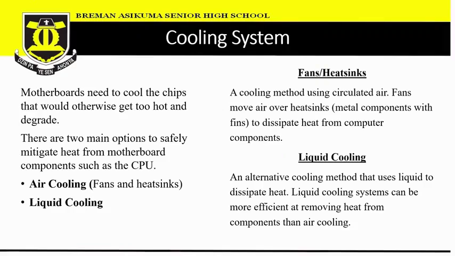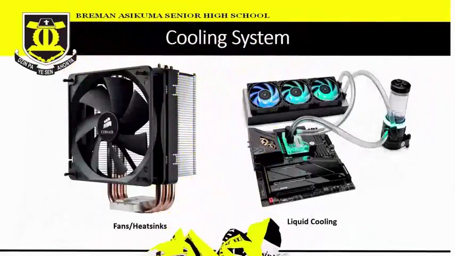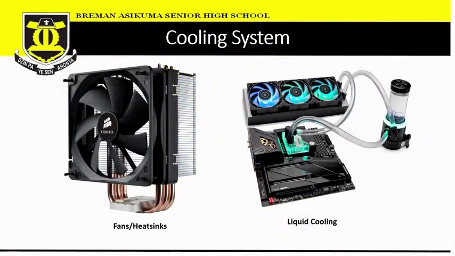These are the images showing how these work. This is how the cooling system works. This one is the fan and the heatsink. The fan is always on the heatsink, and the heatsink is placed on the CPU.